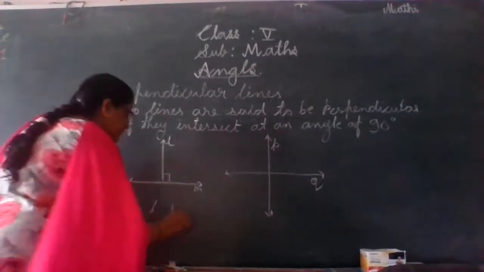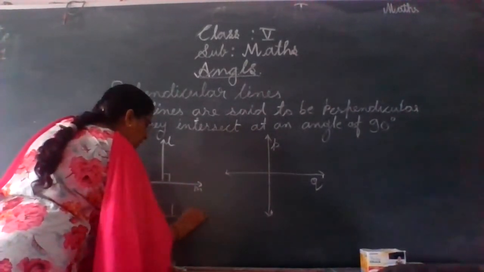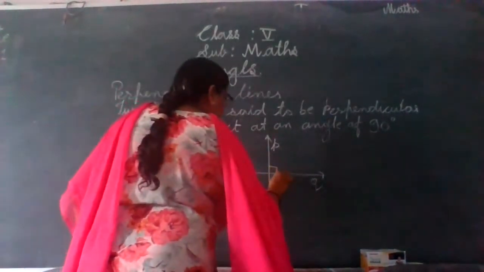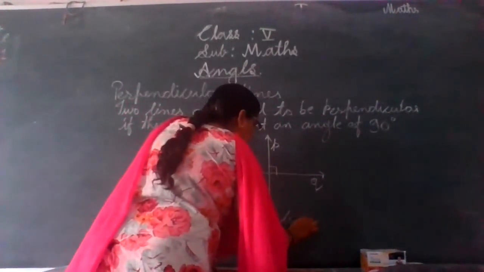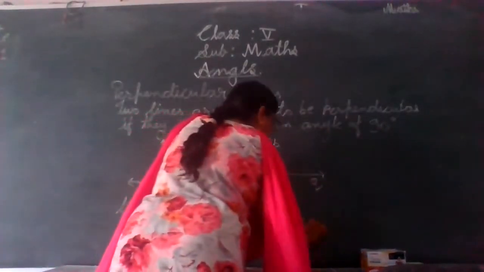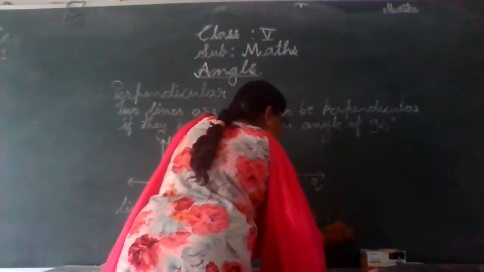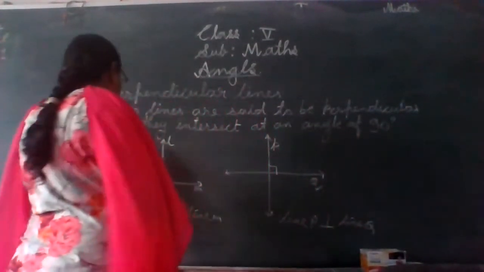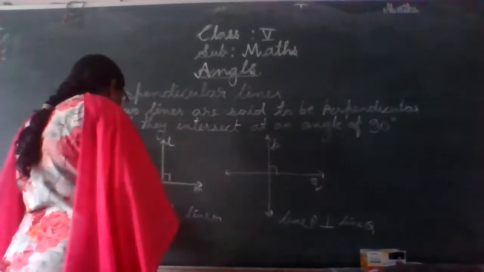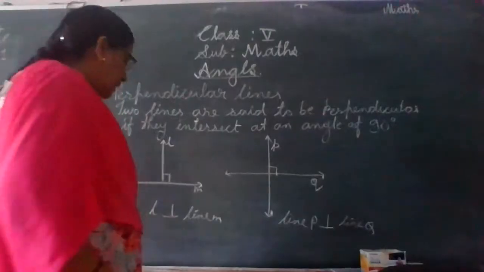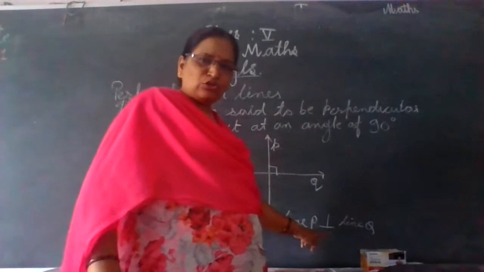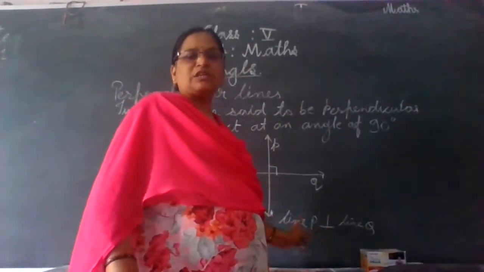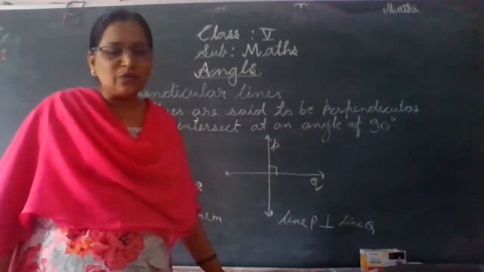Line L is perpendicular to line N. Here line P is perpendicular to line Q. And this symbol shows perpendicular. So whenever you see this symbol, that means what? The given two lines are perpendicular to each other.